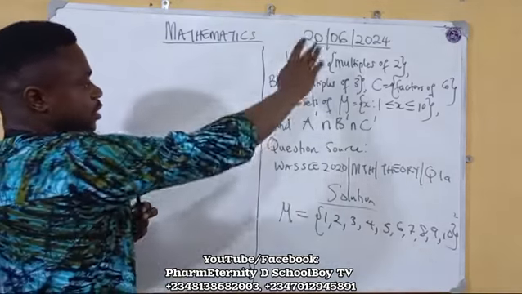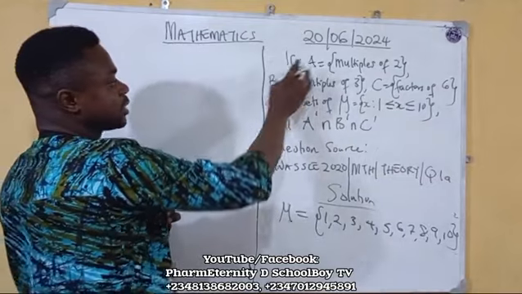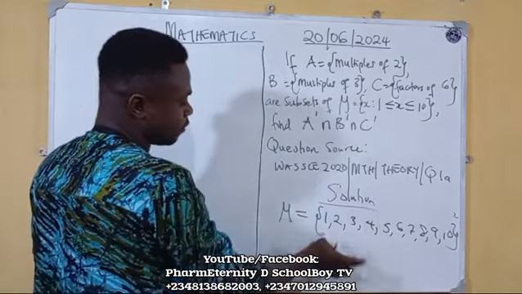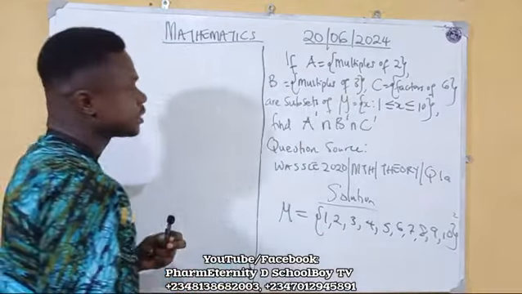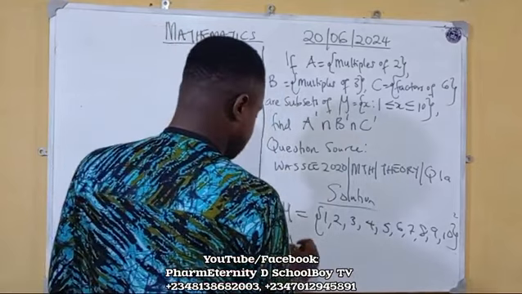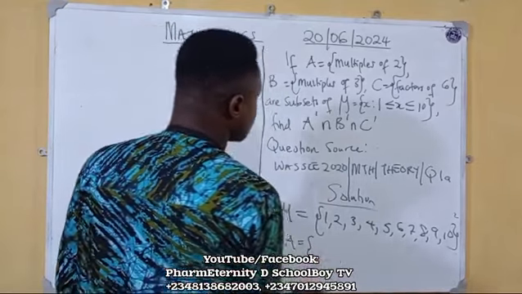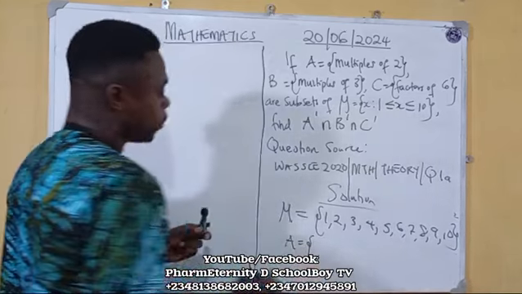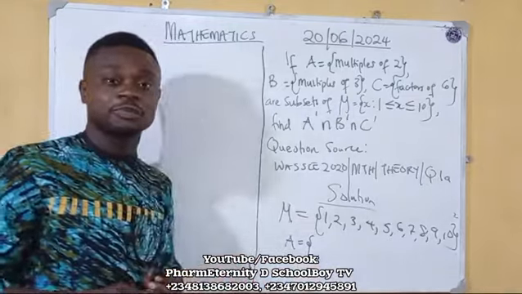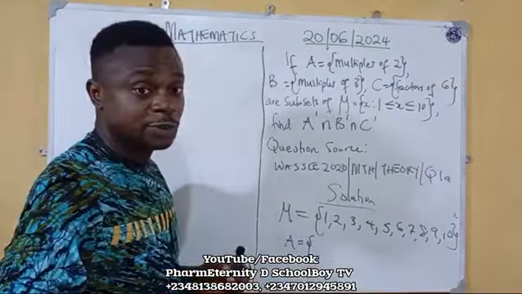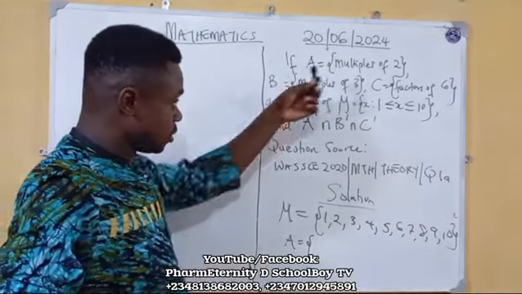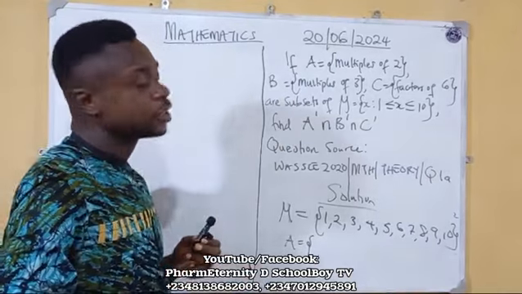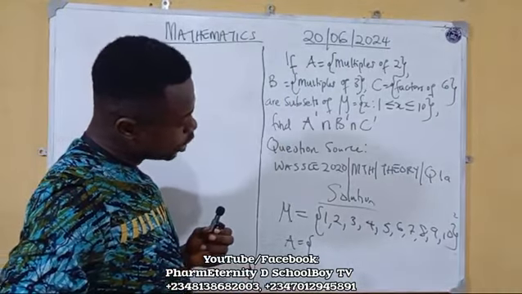Now let's take each of these subsets, because these sets A, B, C are subsets of this universal set. So let's look at A. Let's list A. A is a set of multiples of 2. If you don't know what multiples are, you will not be able to get the content of A. Now, what is a multiple?